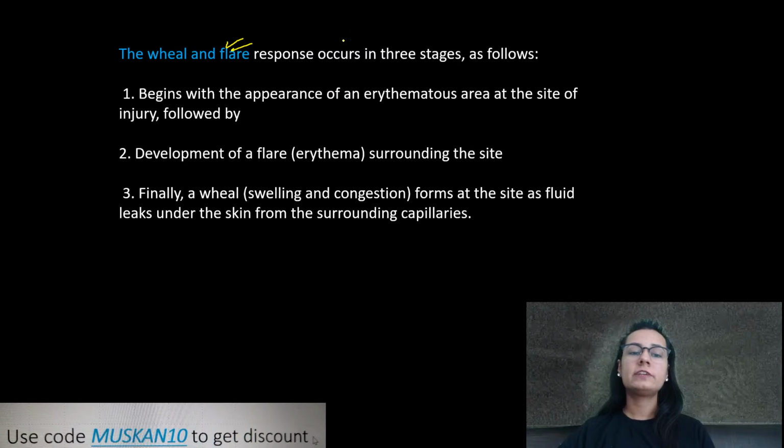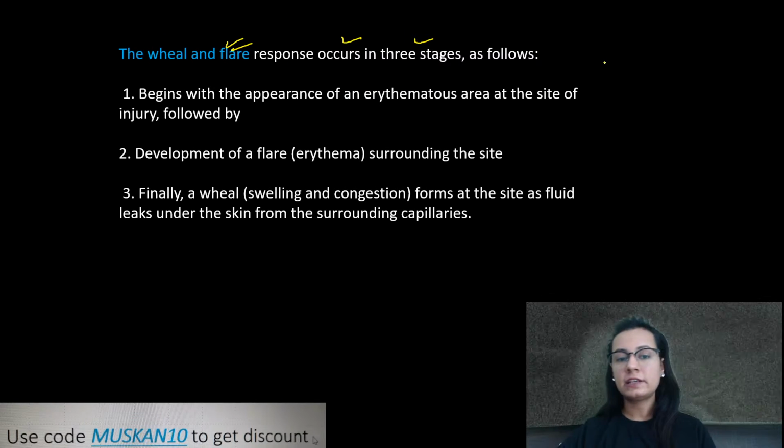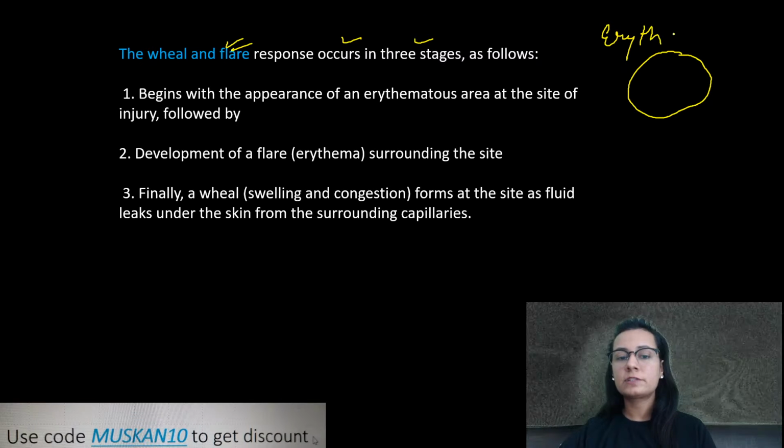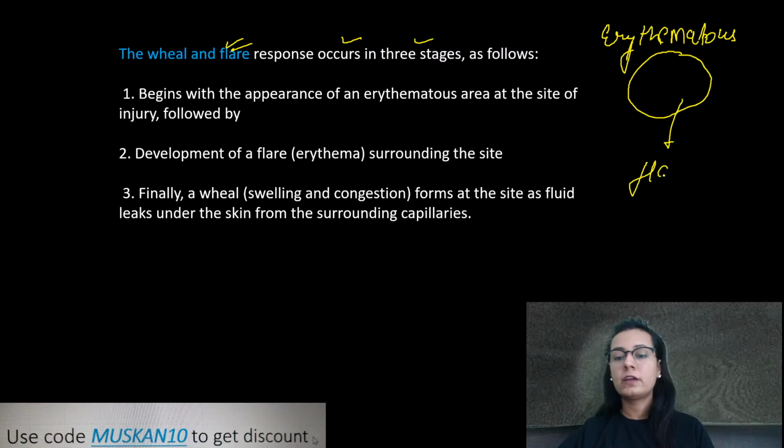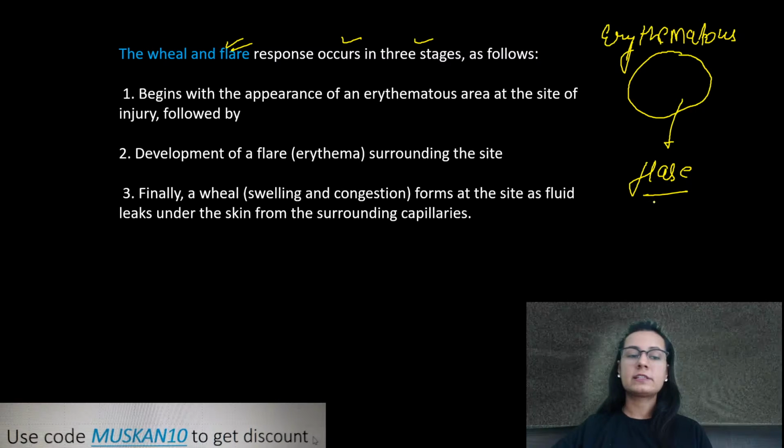Now, the wheal and flare response occurs in three stages. That is, it begins with the appearance of the erythematous area. ठीक है? Wheal and flare response is asked mainly in the exam. So first it will begin with the erythematous area. That is followed by the development of the area of flare surrounding it. That is flare.